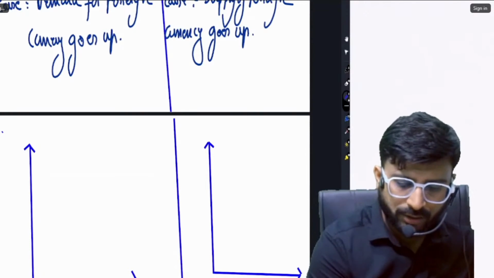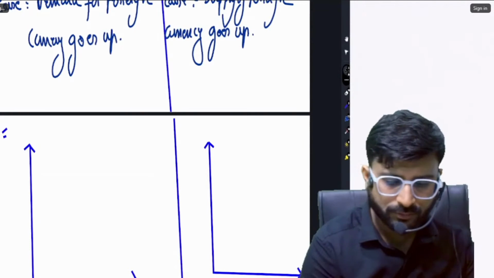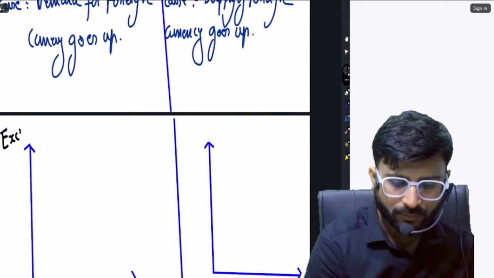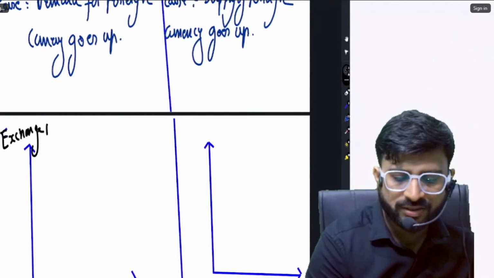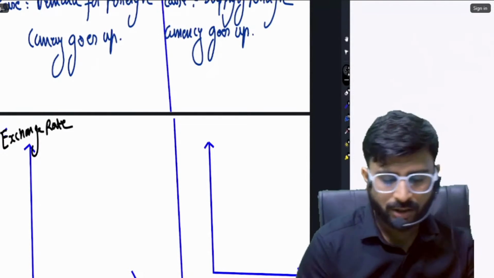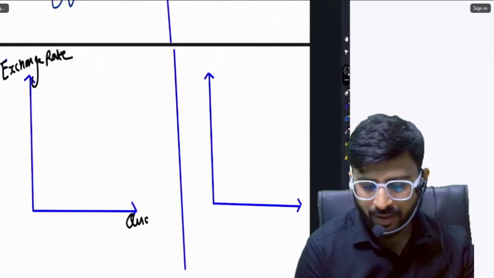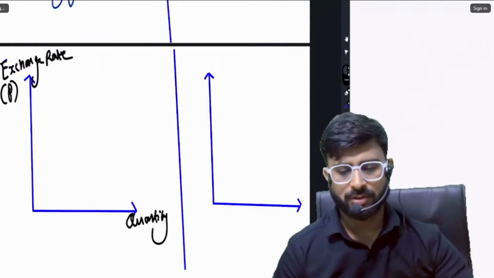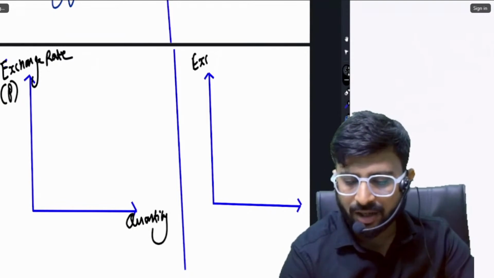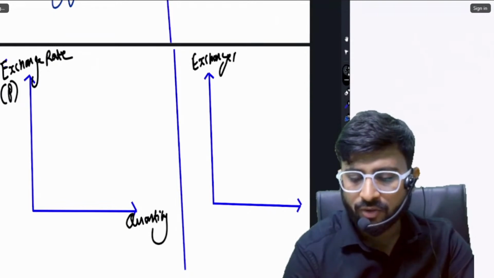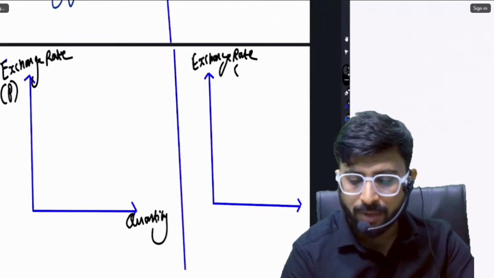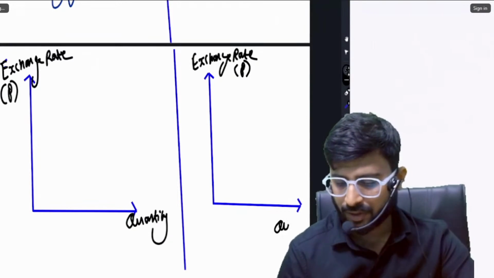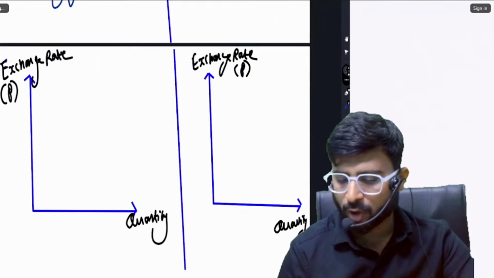This is the exchange rate, the prevailing exchange rate, and this is the quantity. Exchange rate is basically the price of dollars. These diagrams, friends, you have done under the equilibrium chapter under markets, I am 100% sure.